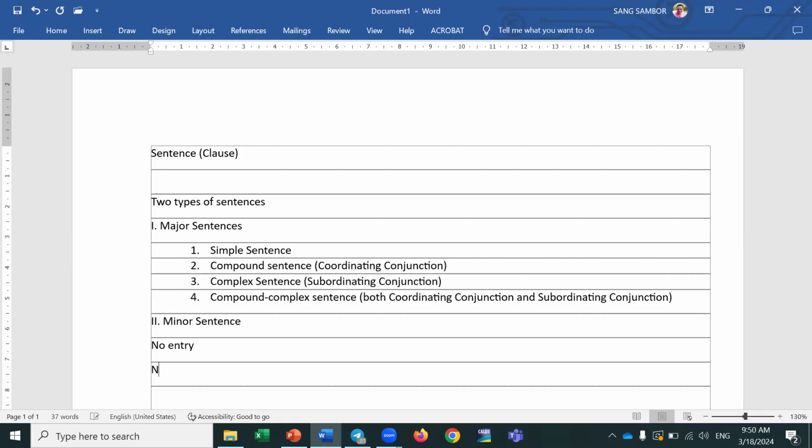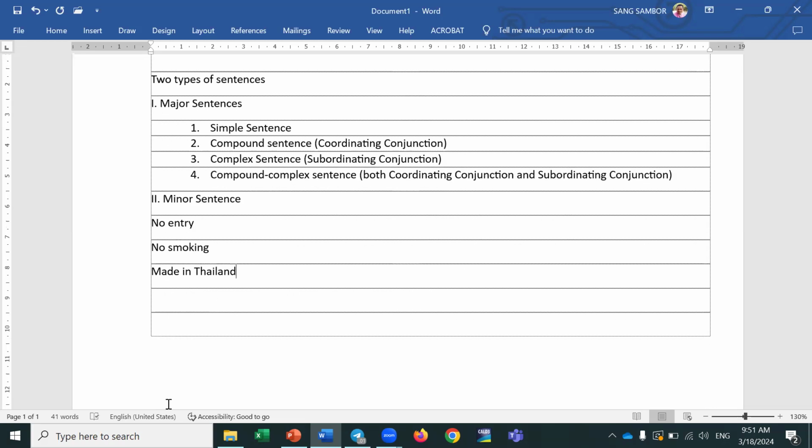When you go to a restaurant, you may see the sign like no smoking. When you see the products, for example, like made in Thailand, have you ever seen this? Made in Thailand. Okay.